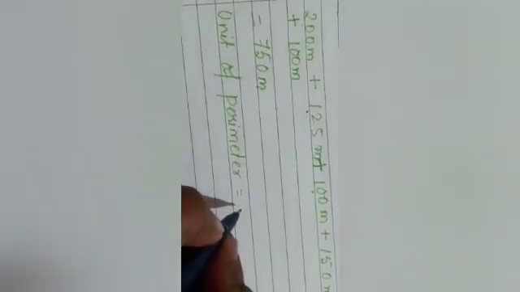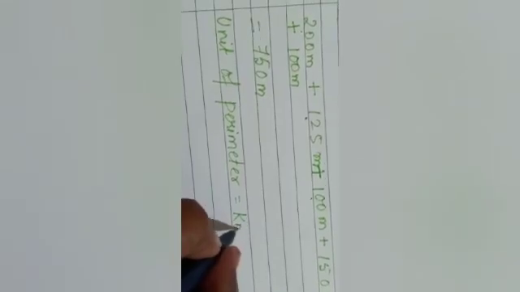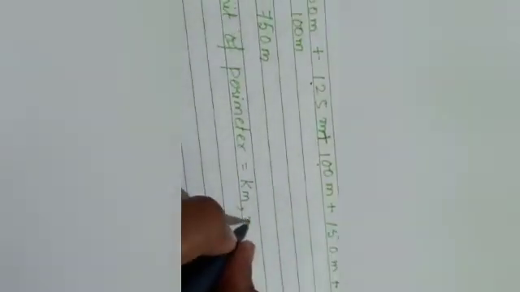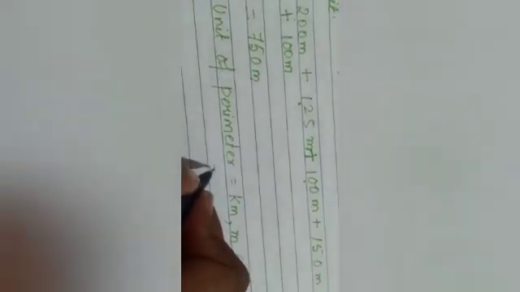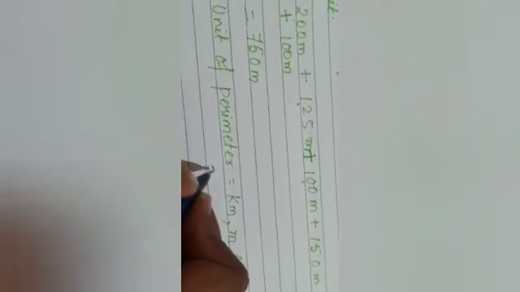Now, the unit of perimeter is equal to the unit of distance, that would be either kilometer, meter, centimeter, etc., or the units of length.